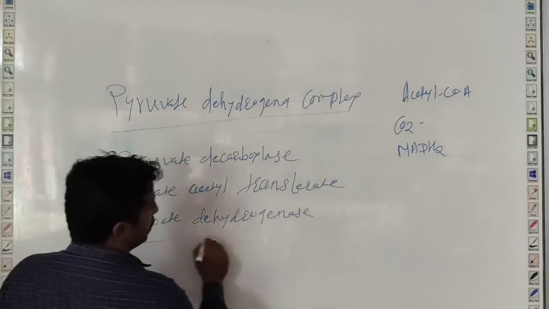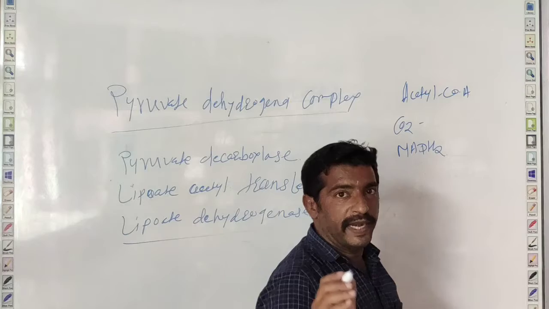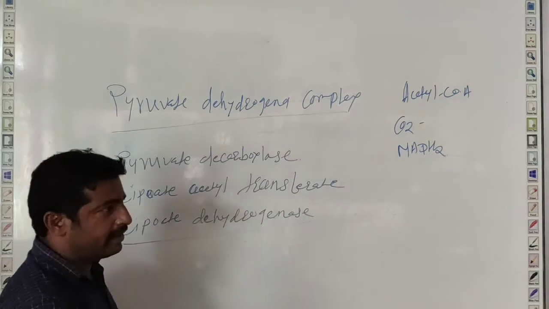Now these three polypeptide chains require 5 cofactors.